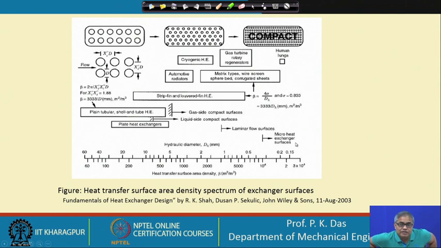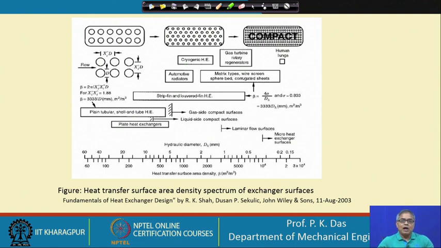And with this micro heat exchanger surface, we can make micro heat exchangers and micro scale heat sinks for the electronic industry. Even in a large heat exchanger, though the total volume of the heat exchanger is very large, we can go for using this micro scale surface, which will increase the compactness of the heat exchanger.